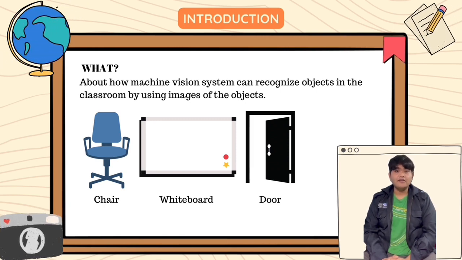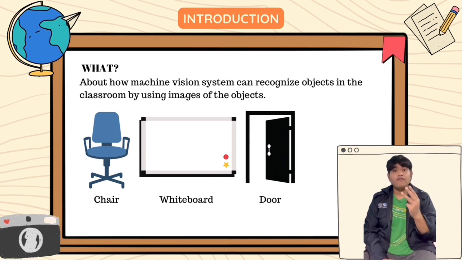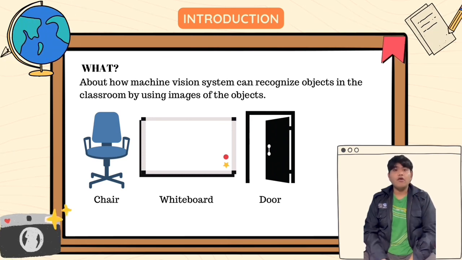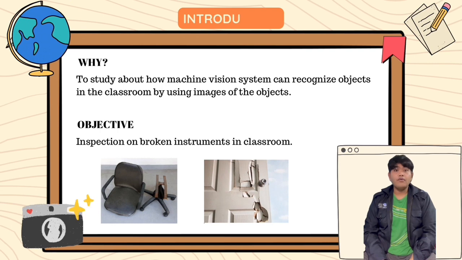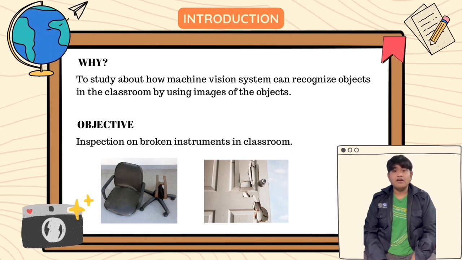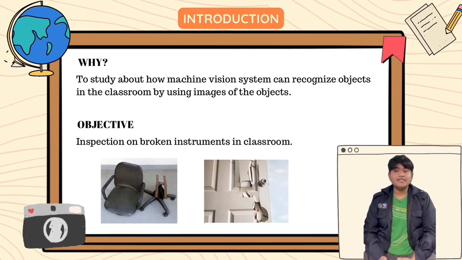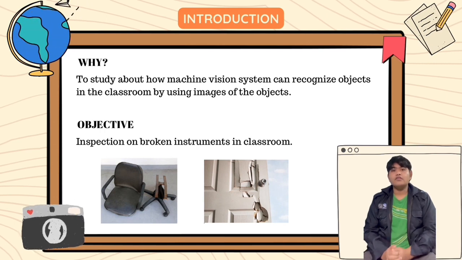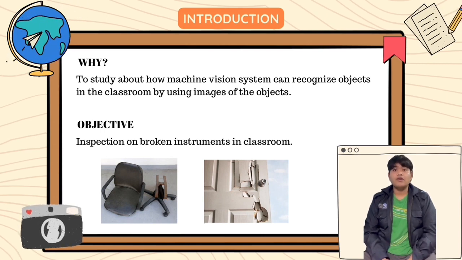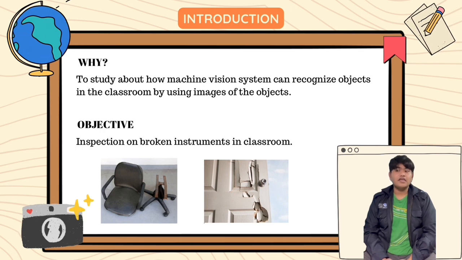For our case study, we only provide 3 objects, which are chair, whiteboard, and door. Why do we do the research about classroom environment recognition? Basically, we want to do inspection on broken class instruments, such as door, chair, and whiteboard.